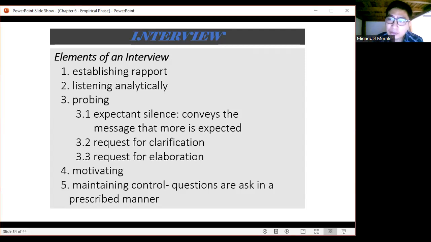Thus, you must be in control. For example, ang dami niyang sinasabi. So, ang gagawin natin ay tayo mismo magsasabi na, okay po, maraming salamat po, naintindihan ko naman po yung inyong nararamdaman. Pwede po bang balik muna tayo dun sa topic natin. Okay? So, in a polite manner, na hindi siya mababastos in a way. Okay?